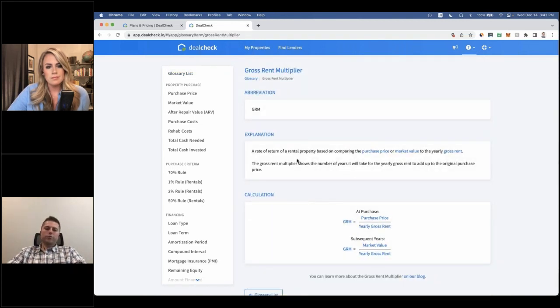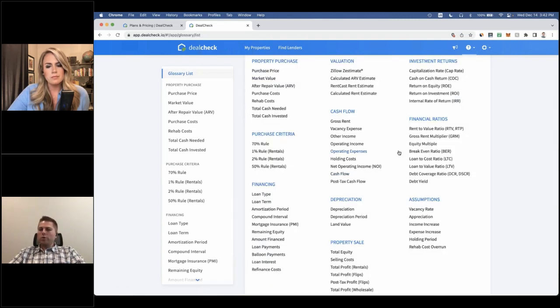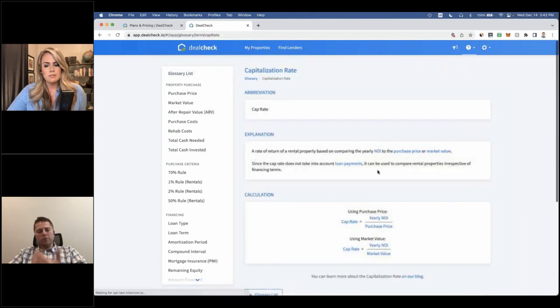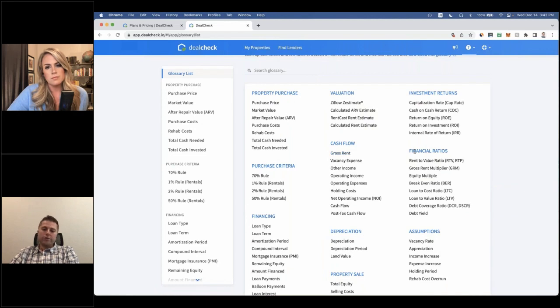And one thing I always recommend to investors is not to get overwhelmed with all the numbers or try to use them at once. I would read over the definitions, understand, for example, what a cap rate, a capitalization rate, is and how it's calculated, and then decide: is this a metric you would like to focus on? Because different investors, markets, asset classes, and property types will focus on different ones.